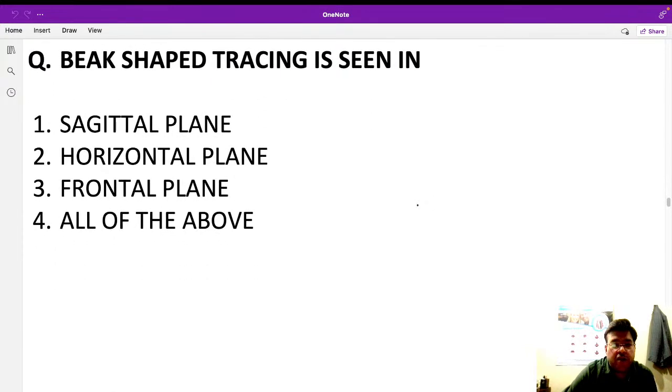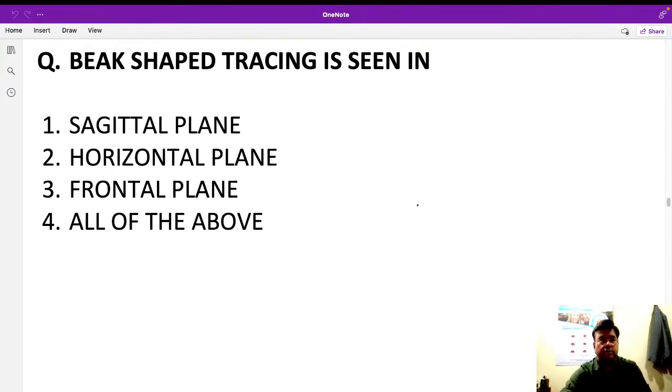What about this question? Beak shaped tracing is seen in which plane? Very good.